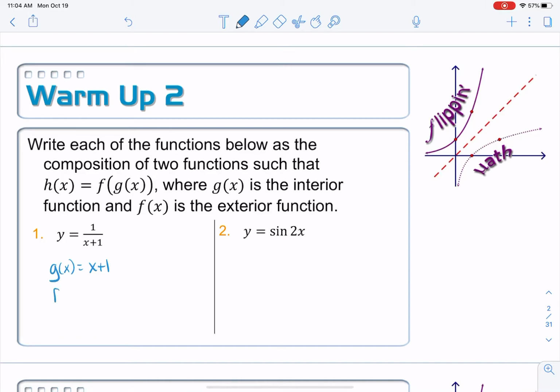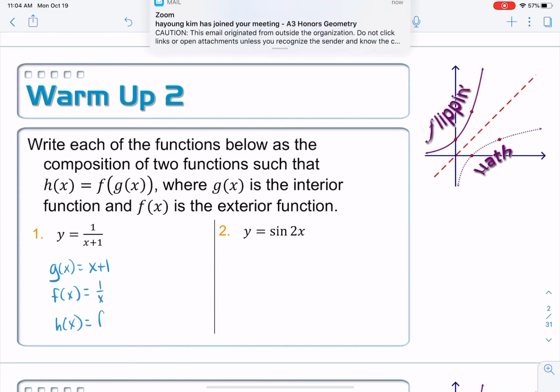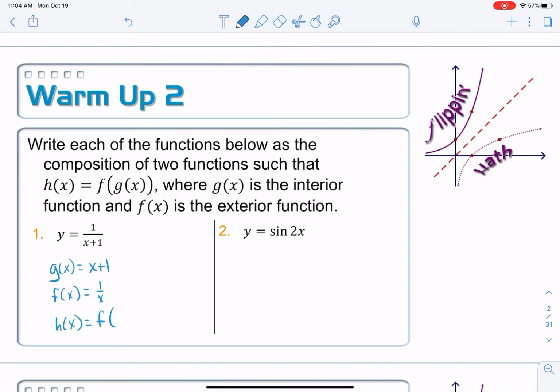What are you sticking it into? We're going to stick it into, well, think of this now here as just a big x. It's 1 over x that this gets substituted into. And so now h of x is equal to f composed with g of x. Well, this guy is going to go in for x there.